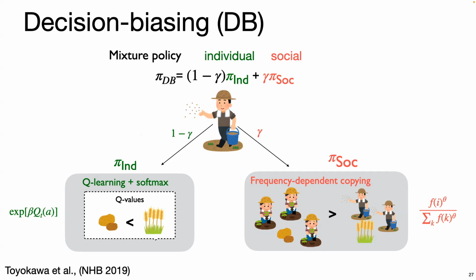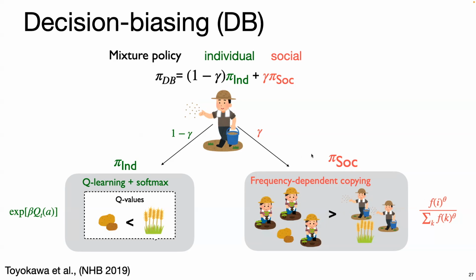So here we're going to present one very simple way that you can do this. This can be called decision biasing, a term I think Wataru used in his 2019 paper. Here we might describe this as a very simple mixture policy, where we mix our individual policy based on the Q-learning softmax approach we first presented, together with this frequency-dependent copying strategy we just showed you, this pi-soc.